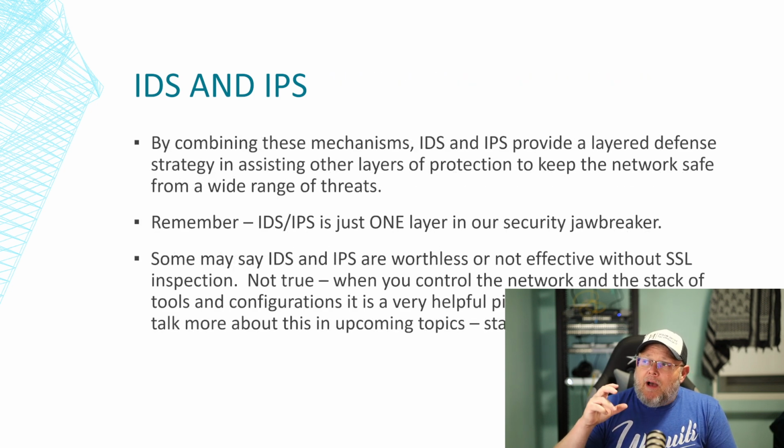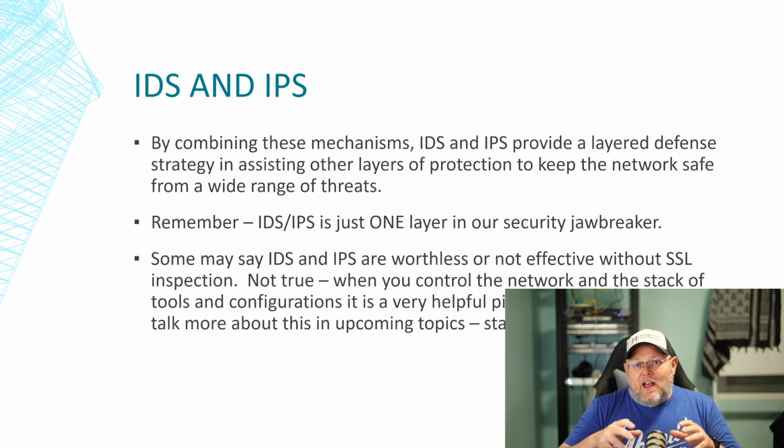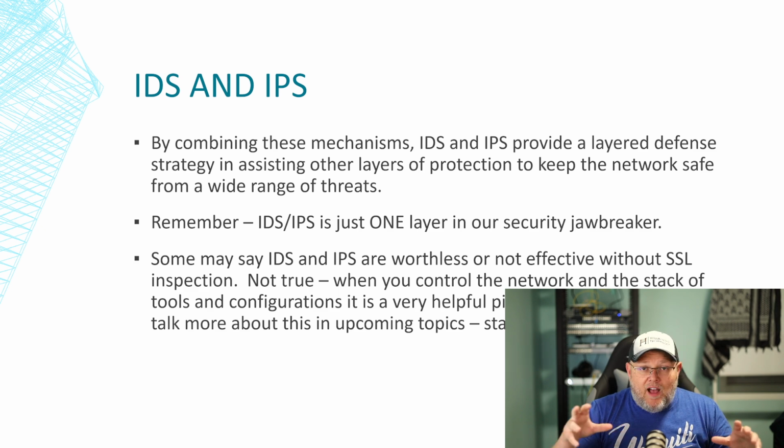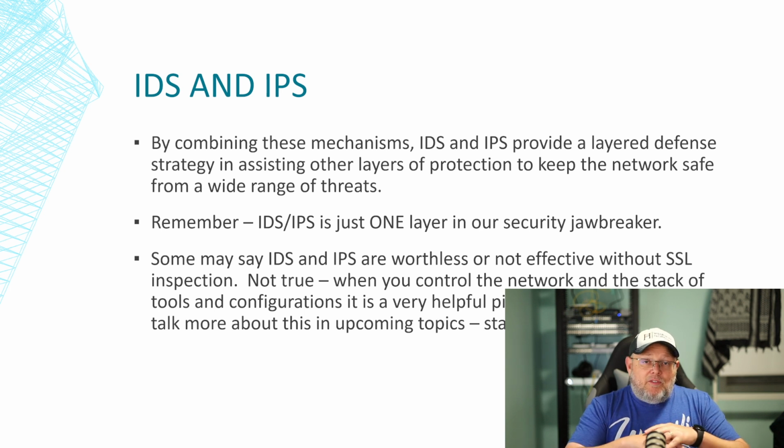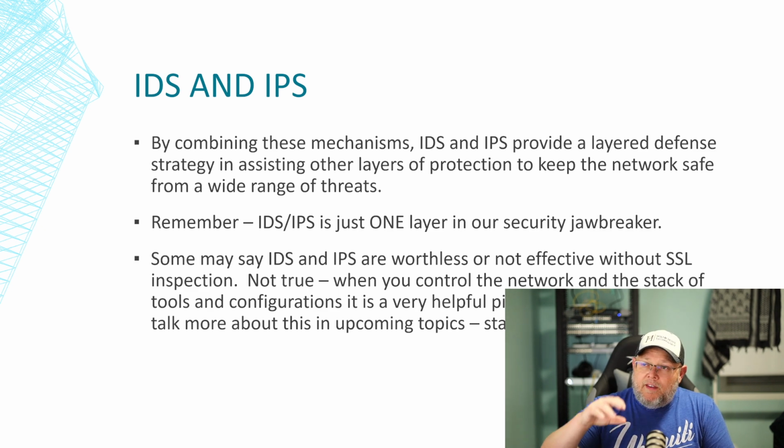By combining these mechanisms that we've been talking about, IDS and IPS provide a layered defense strategy, assisting other layers of protection to keep the network safe from a wide range of threats. So if you remember our security jawbreaker, we don't just rely on one mechanism to help provide security. We build our defense in depth, and it is built in layers. And IDS and IPS is just one layer of that defense.